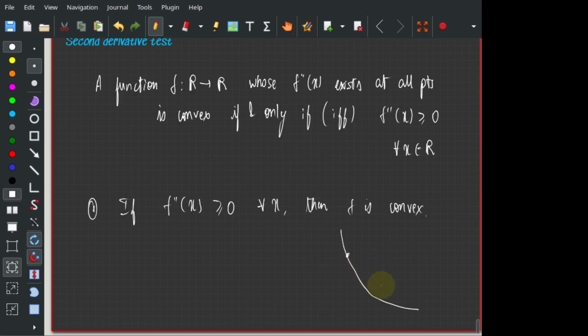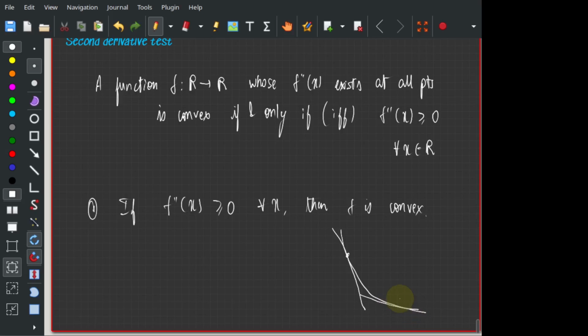As you move to the right, the value of x increases. So here the slope is negative, but it becomes less negative as you go to the right. Pictorially, if you had to draw the tangent here, it would have a smaller slope, more negative, but as you go closer to 0, the tangent is less negative.